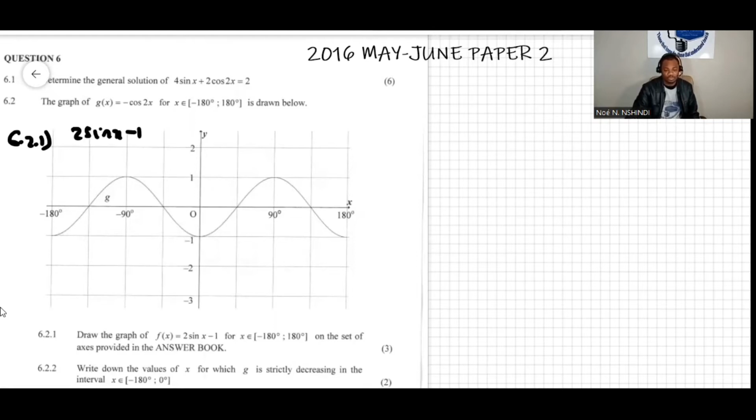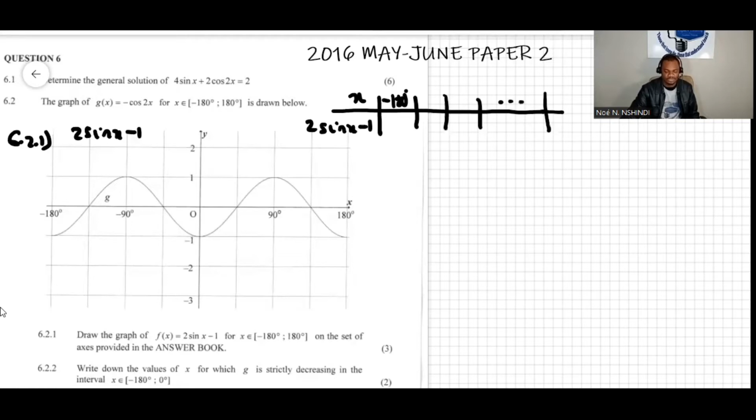We can do the point plotting technique. Here we set the values of x, and then those are the values generated by the function 2 sine x minus 1. Here we can place in values, starting at -180 degrees and so on until 180 degrees.